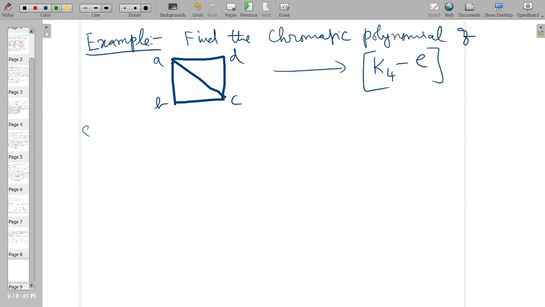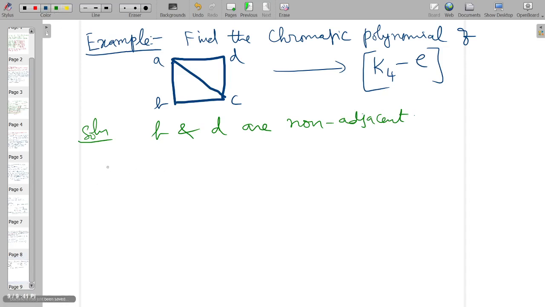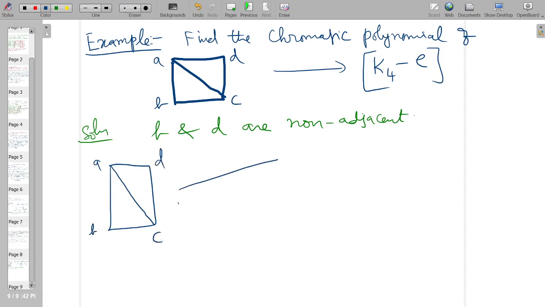Now what we do here is, you can see that B and D are non-adjacent. So now, your graph A, B, C, D gets divided into two, according to this theorem.